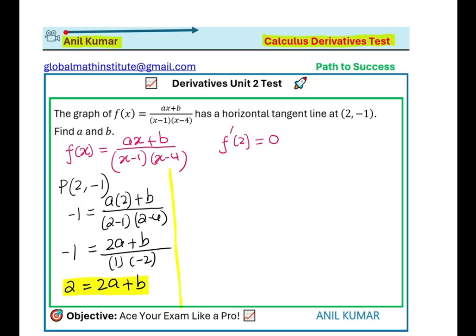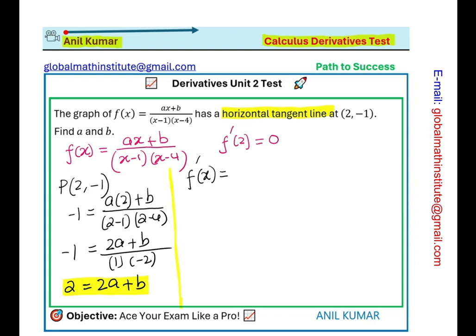Now we have the second condition, which is horizontal tangent at this point. So let's find the derivative of this particular function. f prime of x will be equal to the derivative of ax plus b.